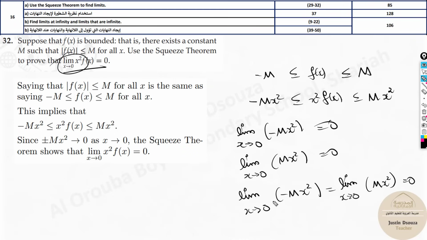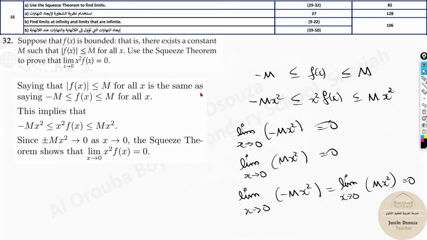From squeeze theorem, the limit at x, whatever is given over here, is equal to 0. This must be written. But just write from squeeze theorem. Why? Because this is the lower function, greater function, and we found it out. So from squeeze theorem it is proved. Just write from squeeze theorem and this statement, whatever is given in the question, is basically proved.